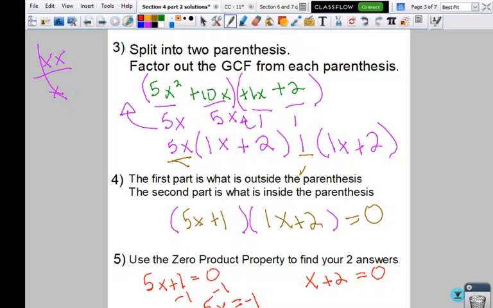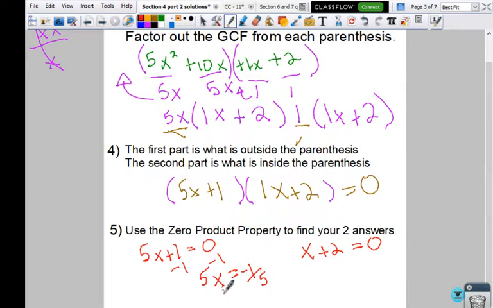And what's the next step? We're still on the first one. You divide by 5. Yeah, divide by 5. And we're going to get x equals negative 1 over 5, which is negative 0.2.